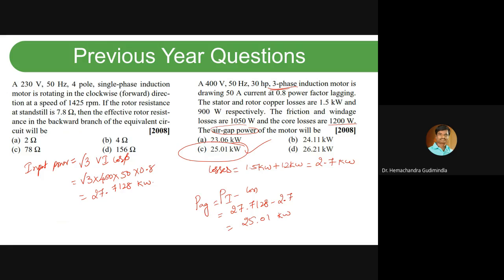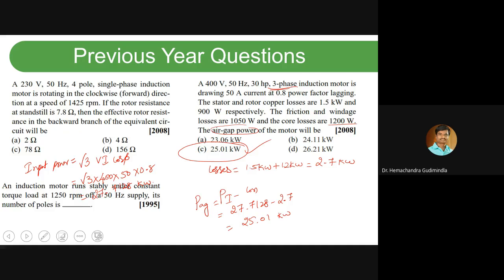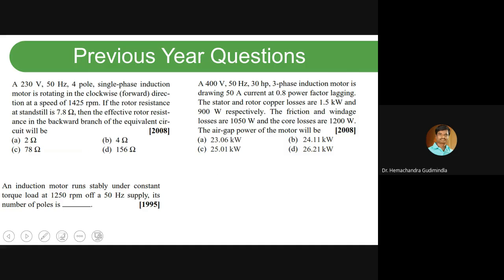Now we will look at the next question. An induction motor runs stably under constant torque load at 1250 rpm on a 50 hertz supply. Its number of poles is?